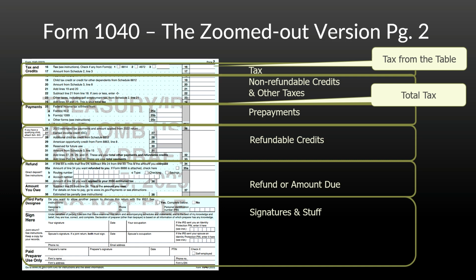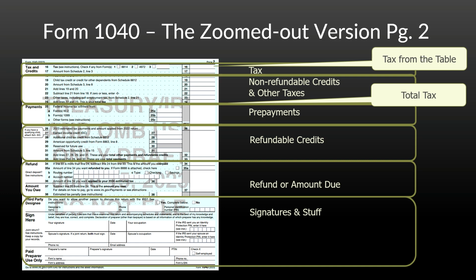After that, you get to figure out what your prepayments were. And this is like when your employer was taking money out of your paycheck as you went. This is where you would put those amounts. Then there are refundable credits, and these are amounts that, like the non-refundable credits, get to lower the amount of tax, but unlike non-refundable credits, if your tax amount is 0, you still get that money back.